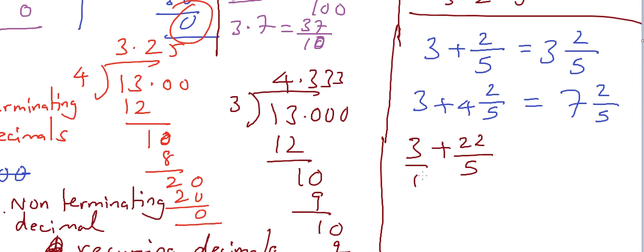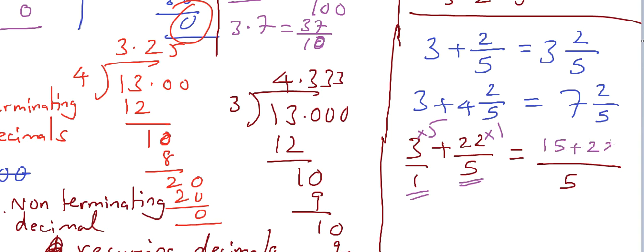So 3 means 3 by 1. You take the LCM of 1 and 5, which is 5, the common denominator. We divide 5 by 1 and get 5, so we multiply by 5. Similarly, 5 by 5 gives 1, so we multiply by 1. So now we have 3 into 5, 15, plus 22 into 1, 22. 15 plus 22 is 37, so 37 by 5.